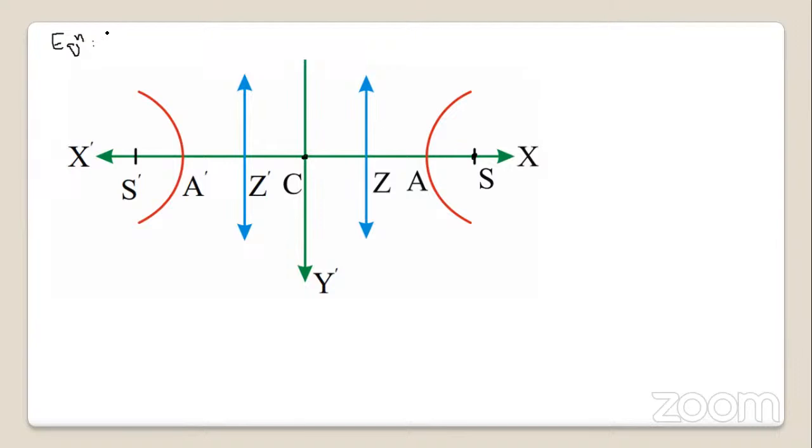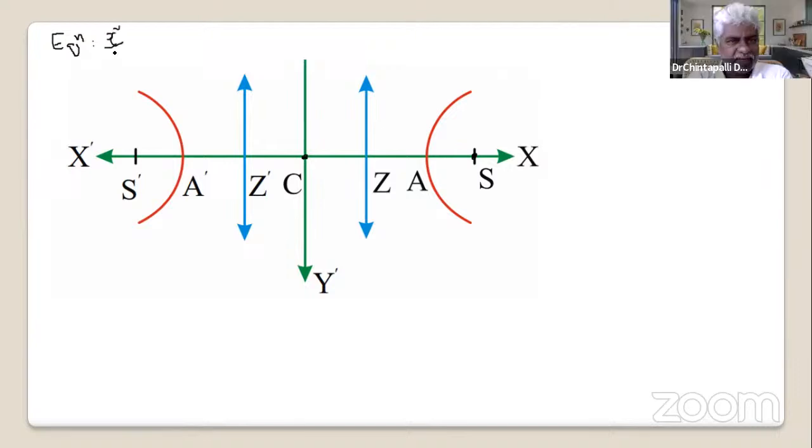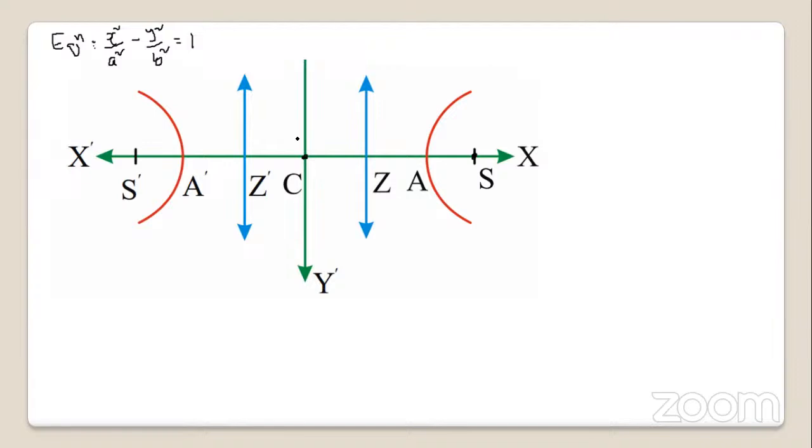X square by A square minus Y square by B square equals 1. Excellent. Very good. Next, it is the shape. Next point we wrote is shape. Shape is very clear.